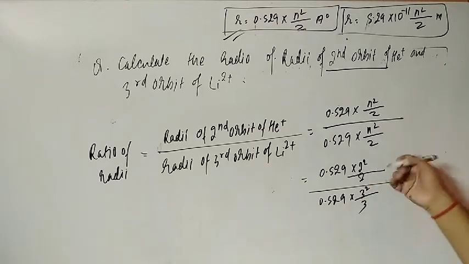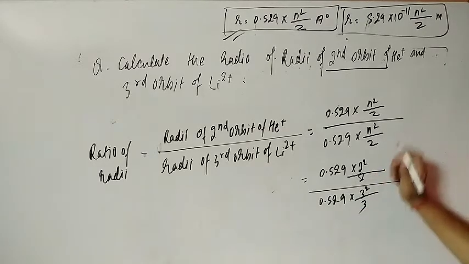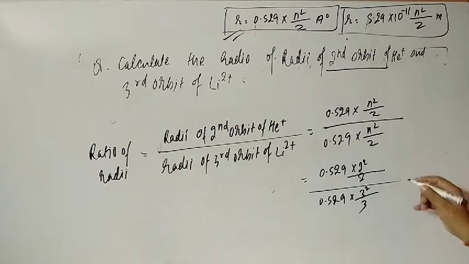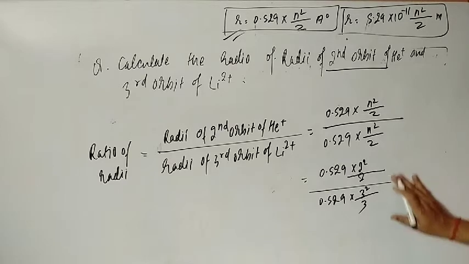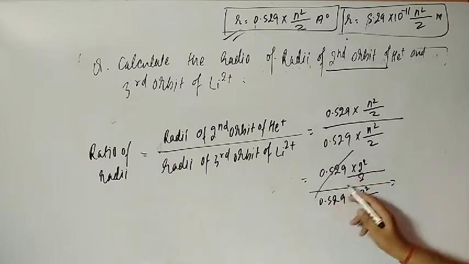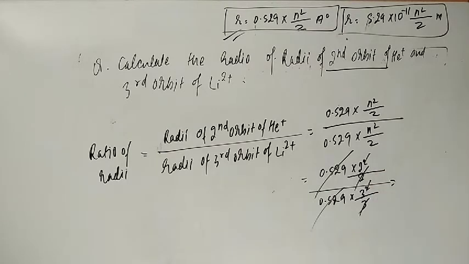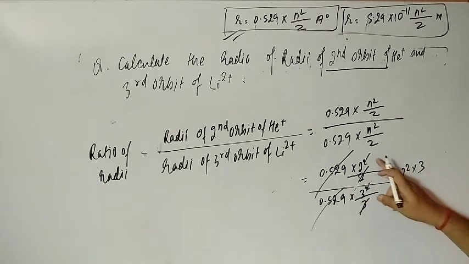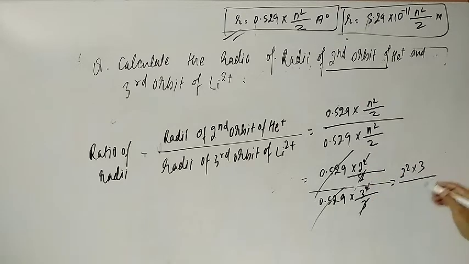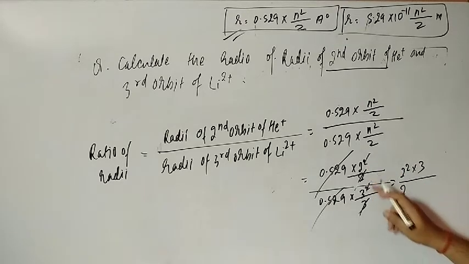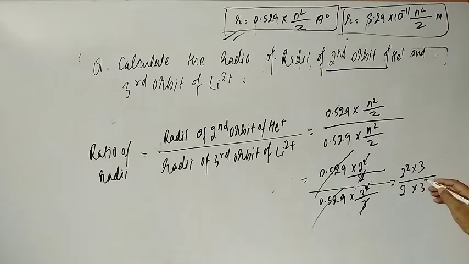Now solve it. The 0.529 cancels out. That is 2 square multiplied by 3 divided by 2 multiplied by 3 square.